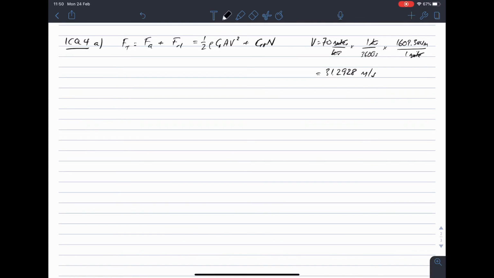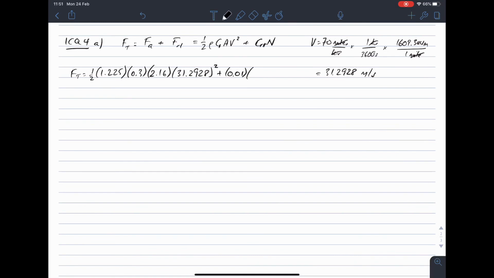And so, let's plug the various numbers in. Ft is 1/2. Rho, we've been told, is 1.225 kilograms per meter cubed. We've got a coefficient of drag of 0.3, a frontal area of 2.16, and a velocity of 31.2928 squared, plus the coefficient of roller resistance of 0.01.